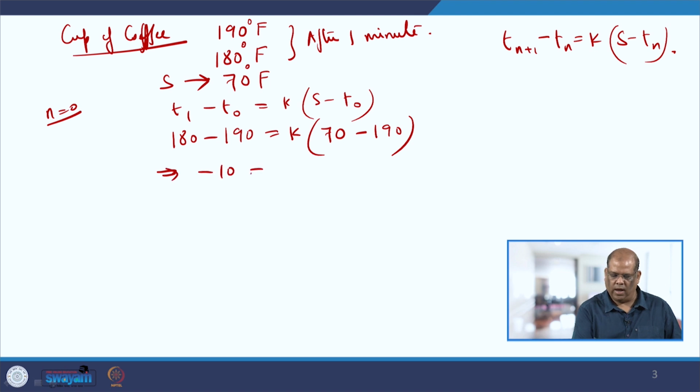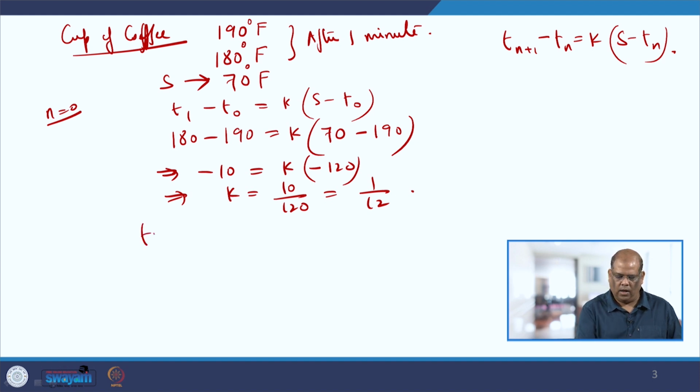So, minus 10 is equal to K times minus 120. So, K is 10 by 120, equal to 1 by 12. So, you can substitute it here, Tn plus 1 minus Tn is equal to 1 by 12 times 70 minus Tn.